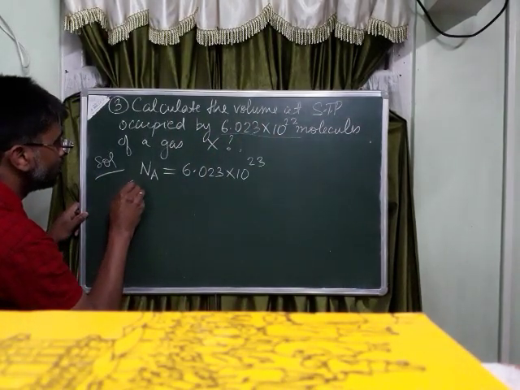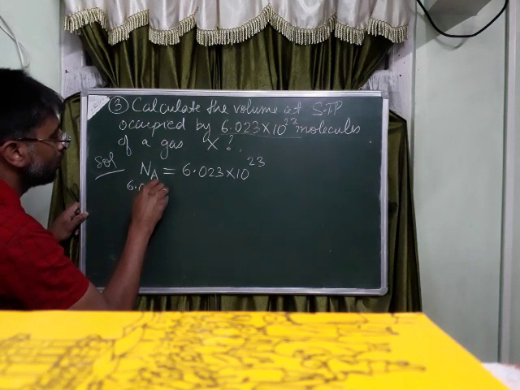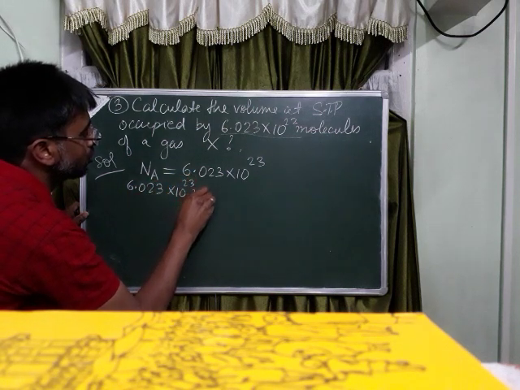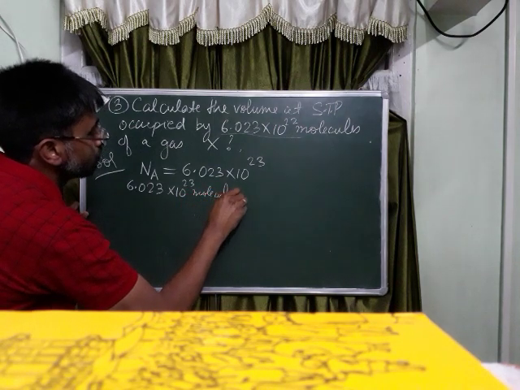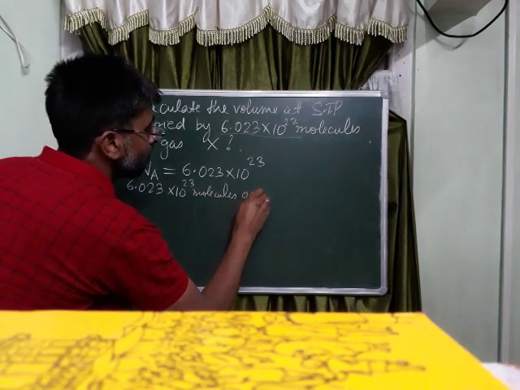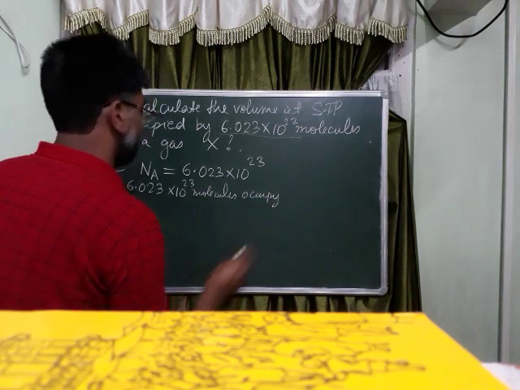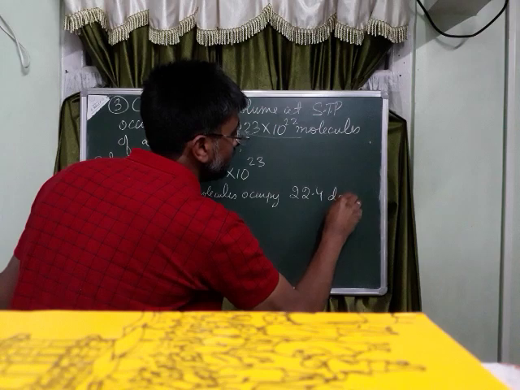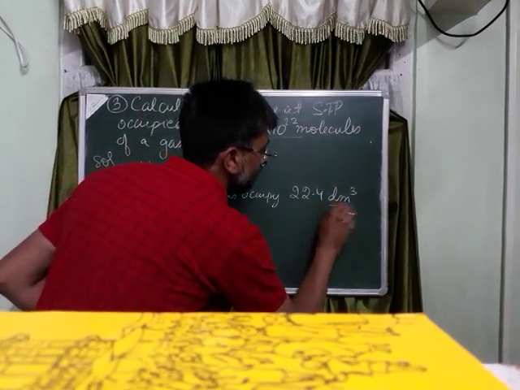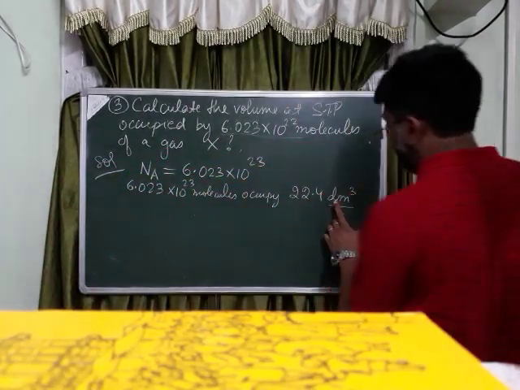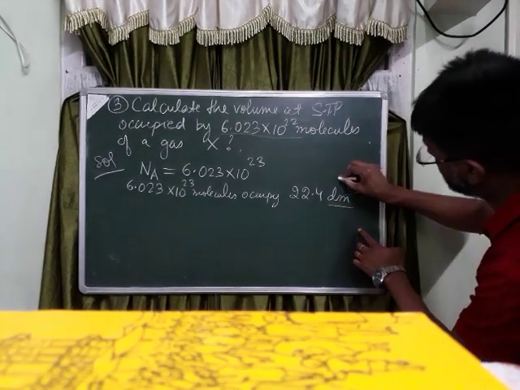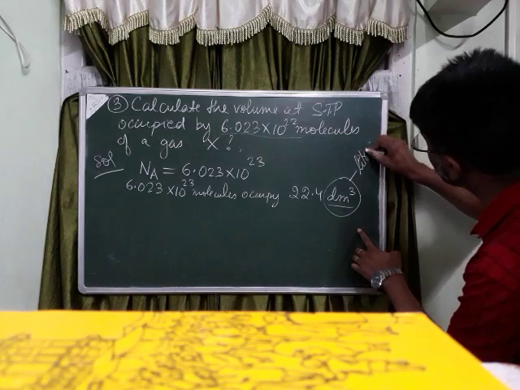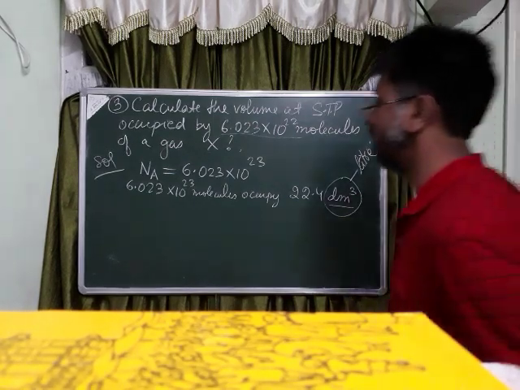So, I write down 6.023 into 10 to the power of 23 molecules occupy 22.4 decimeter cube. Please keep this concept clear. Decimeter cube is also liter, L-I-T-R-E. They are the same.